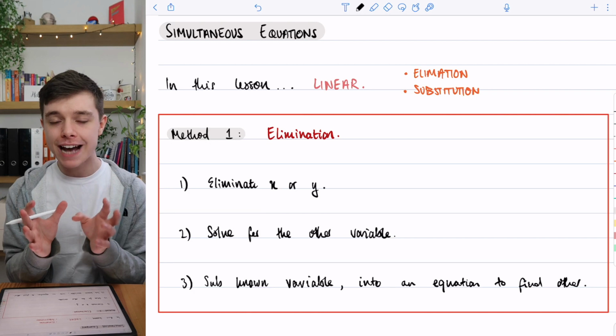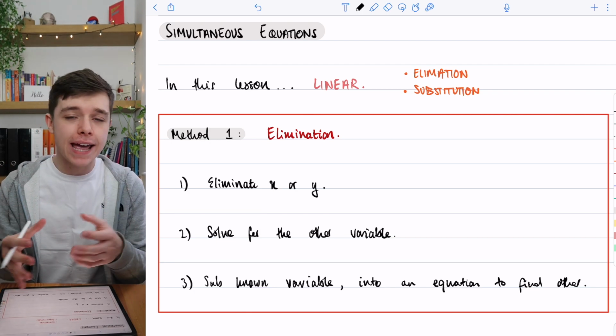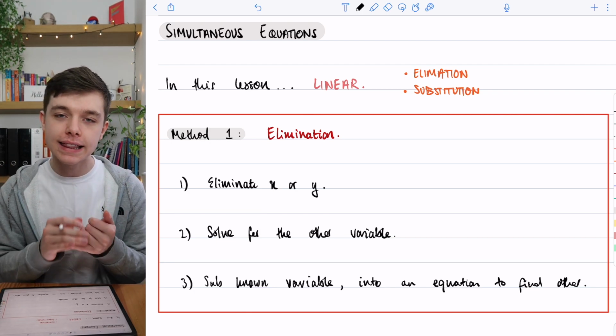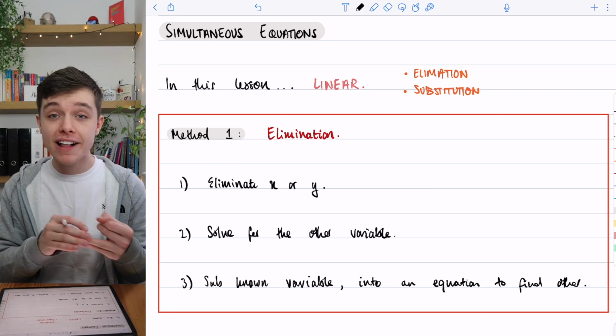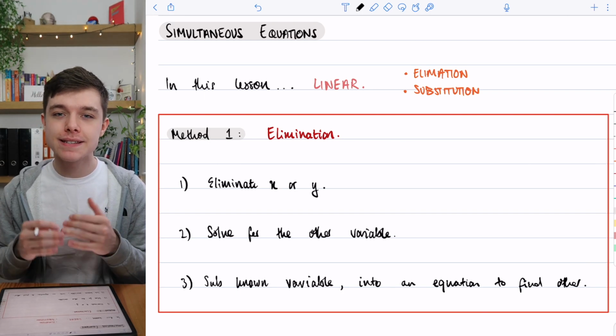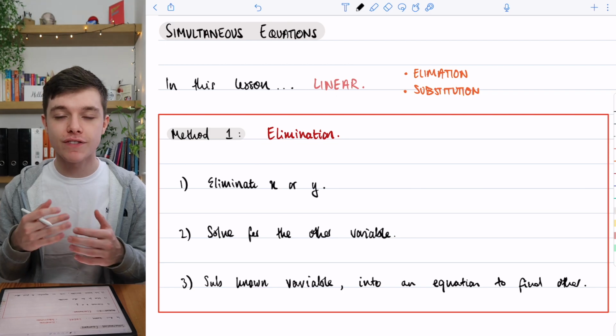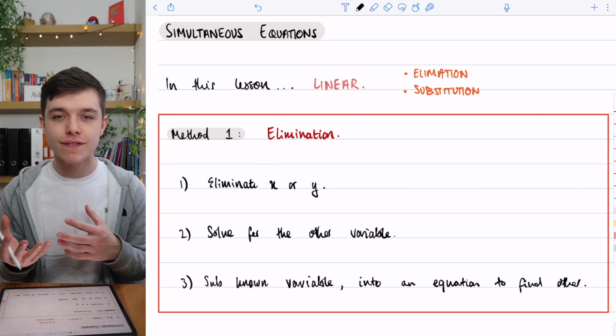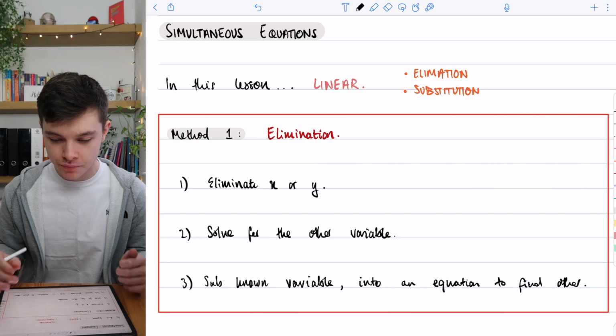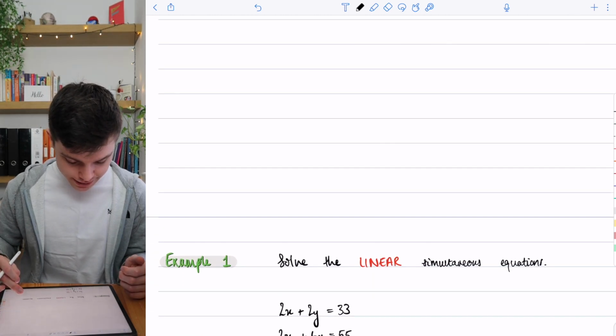So eliminate x or y, or if it's p and q or a and b or whatever variables you've got, eliminate one of them, find the value of the other one that you didn't eliminate, then substitute that one back into one of the original equations to find the value of the other variable.